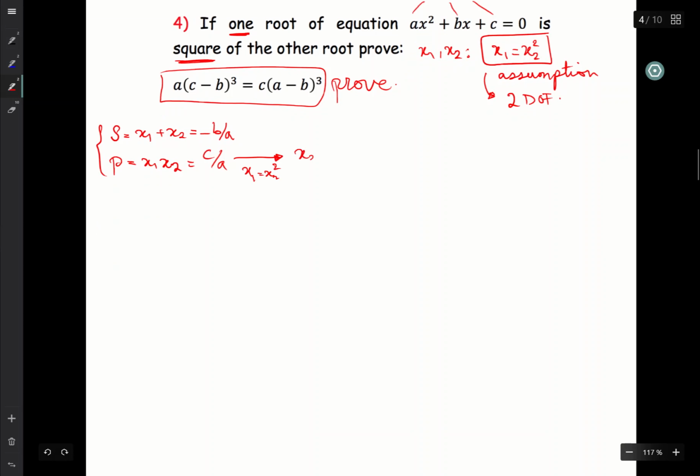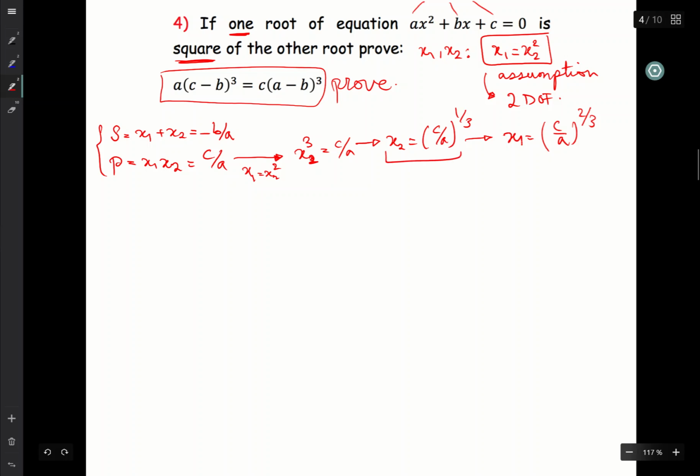And therefore x2 cubed is c over a. Therefore I immediately find the value of one of the roots, c over a to the power of 1 over 3, and therefore the first root, x1, is also given, right? I have to square this, c over a to the power of 2 over 3.